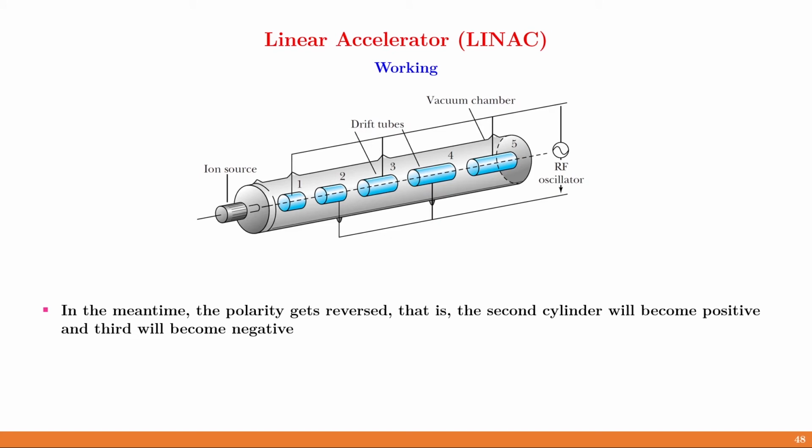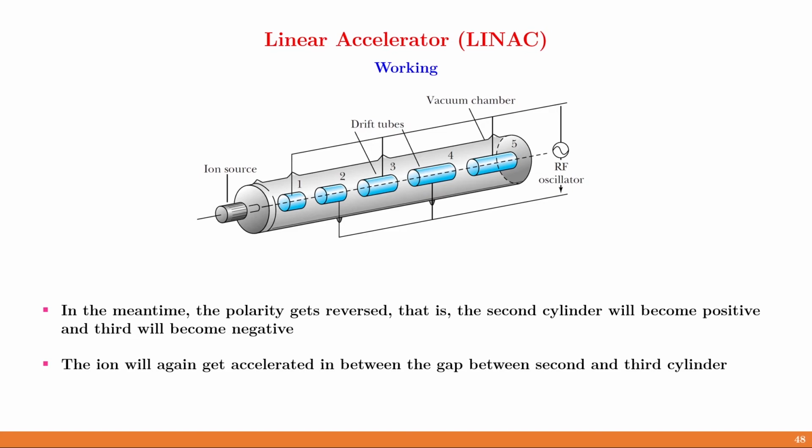In the meantime, the polarity gets reversed, that is, the second cylinder will become negative and the third will become positive. The ion will again get accelerated in the gap between the second and third cylinder.